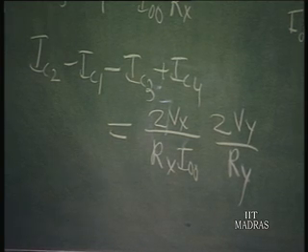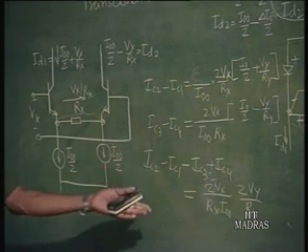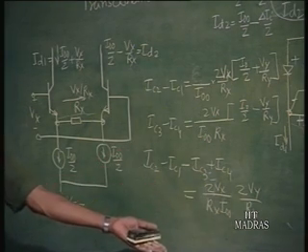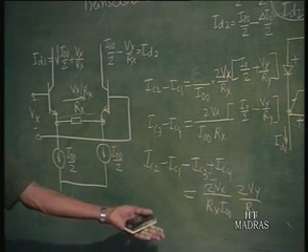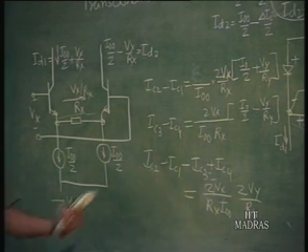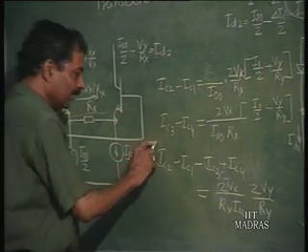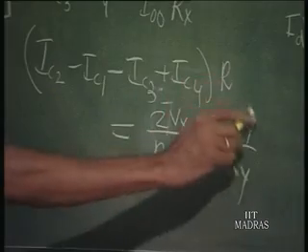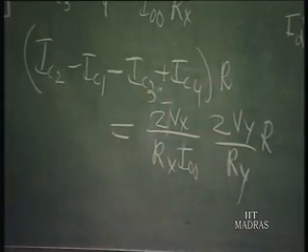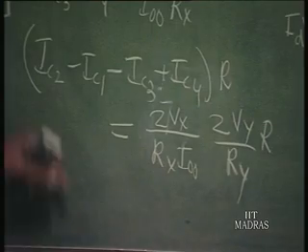So, you will get here 4 Vx Vy by Rx Ry I naught naught, which is the product of two voltages, as a current. This can be converted into a voltage by multiplying this whole thing by a resistance R.